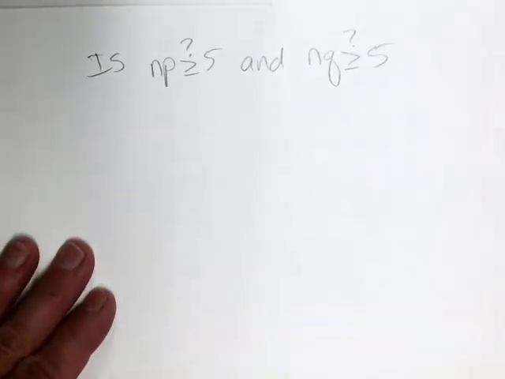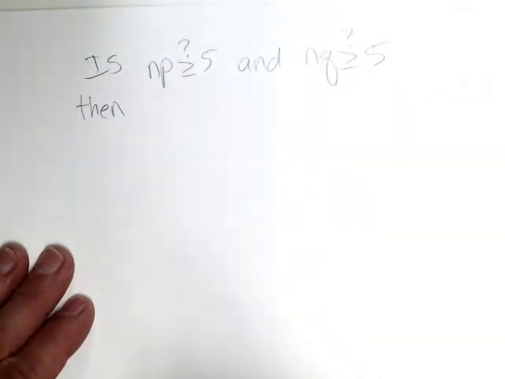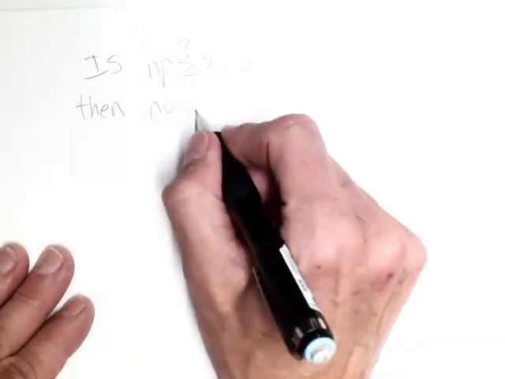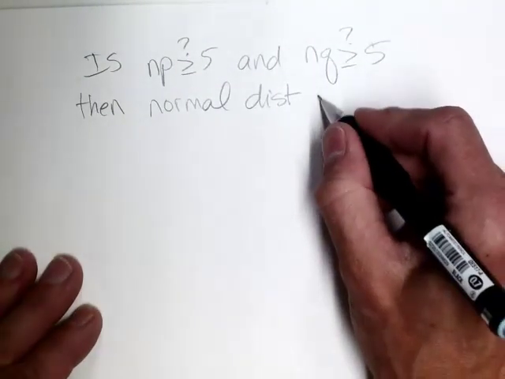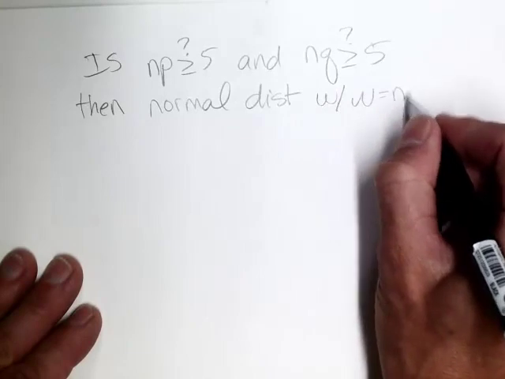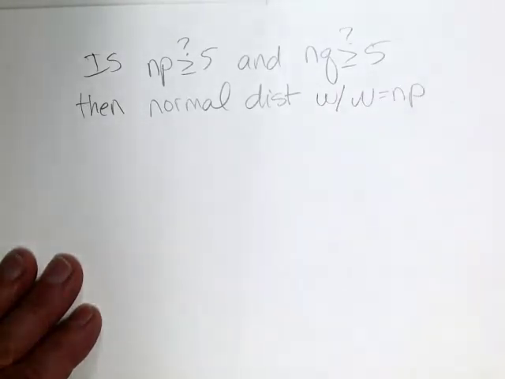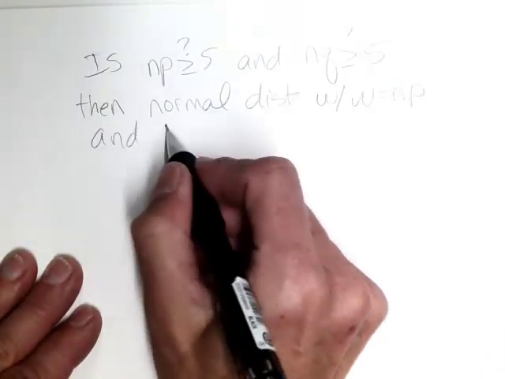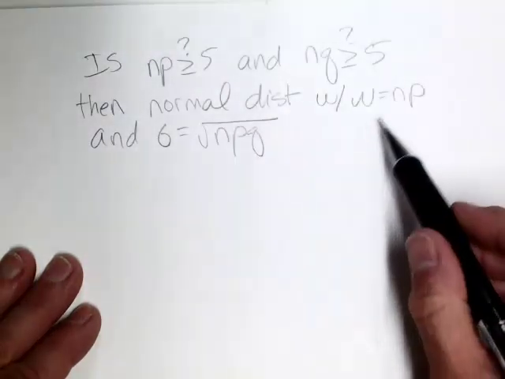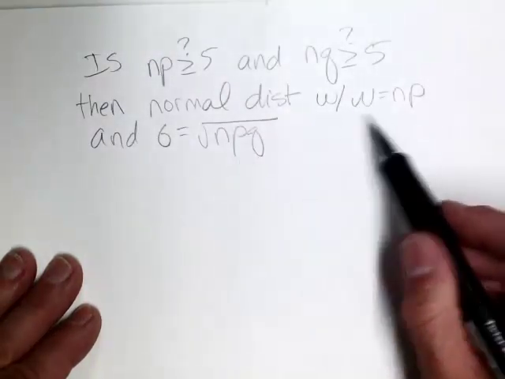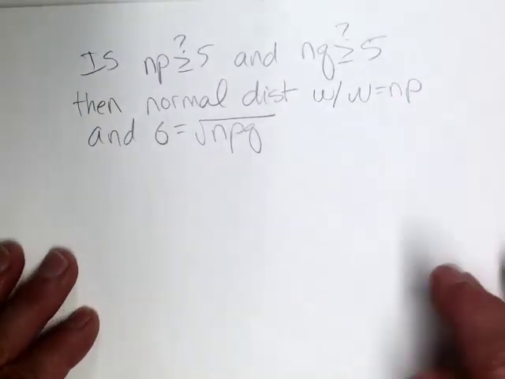If those two conditions are met, then we have a normal distribution, approximately, this is an approximation, with mu equal to n times p. That's the mean we saw from the binomial distribution. And sigma is equal to the square root of n times p times q. These are the two parameters, mu and sigma, that we need to use the normal distribution.